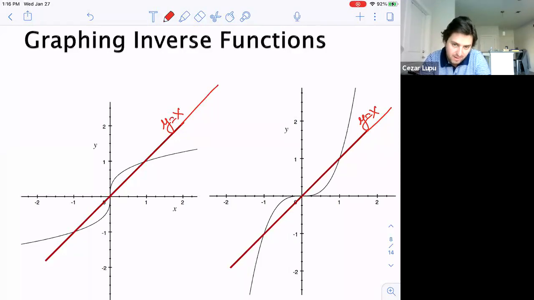Just look at them. They're basically flipped. So that's what you need to know about graphing inverse functions. Keep this in mind. They are symmetric with respect to the first bisector. So let's write that.